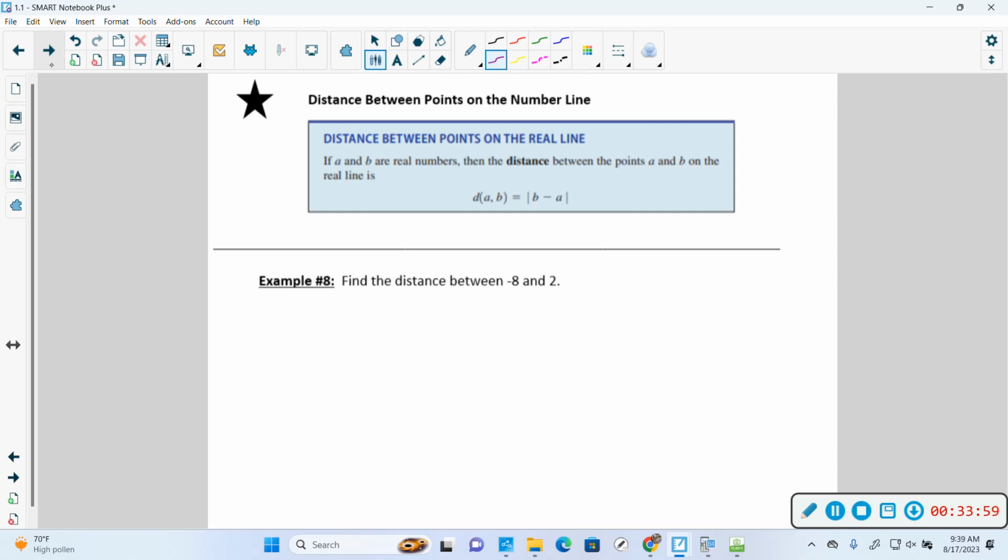To go from negative 8 up to 2, you cover how many units? 10. Why are we making this any more complicated? As long as you got the 10, I'm going to be happy with you. Any questions on that? A lot of the problems today you'll see on the homework do not require very much work.